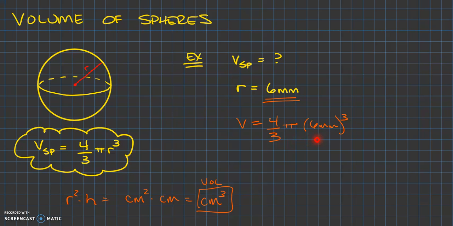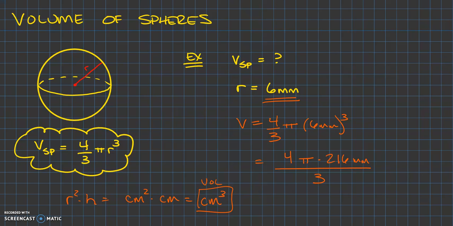Well, remember PEMDAS. You're going to go parentheses first, then exponents, then do some multiplication and some division. So remember that. And so the easiest way to work through this is to simply say, and I think I did this in a previous video, let's put everything over 3. The 4 pi is going to be on the top, and the 6 millimeters cubed is going to be on the top. So let's go ahead and take care of that.